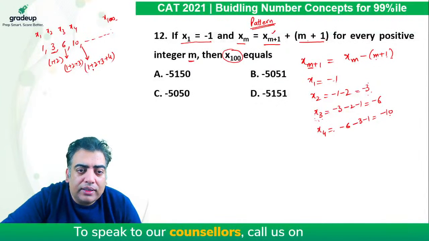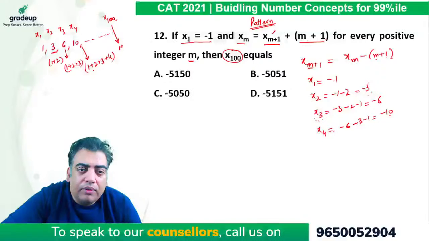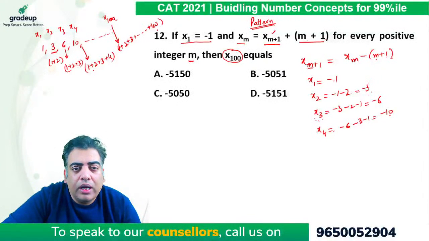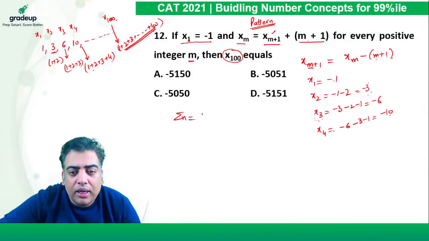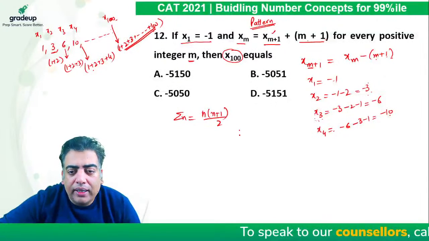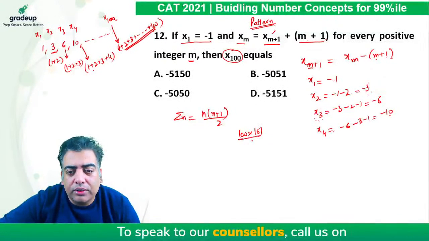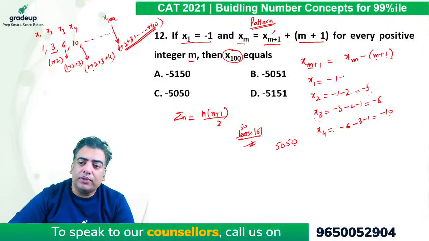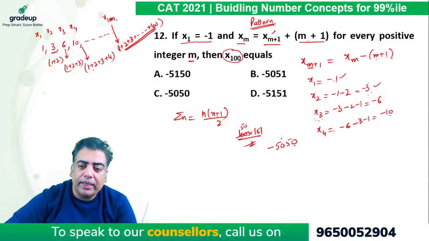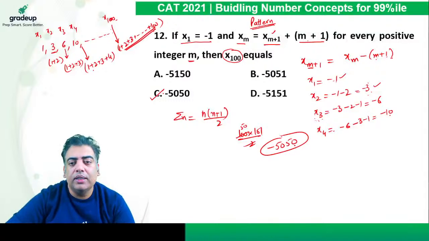So can I say guys, x100 must be the sum of 1 plus 2 plus 3 and so on up to 100. And to find the sum, we have discussed the formula of summation n, which is n into n plus 1 by 2. And here n is 100 into 101 by 2, which comes out to be 5050. Right? Because all the terms were negative, the sum must be negative. So the correct answer option is C.